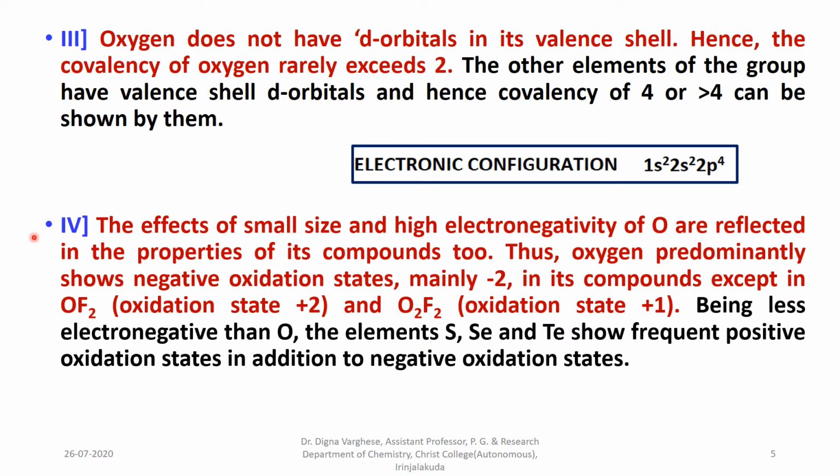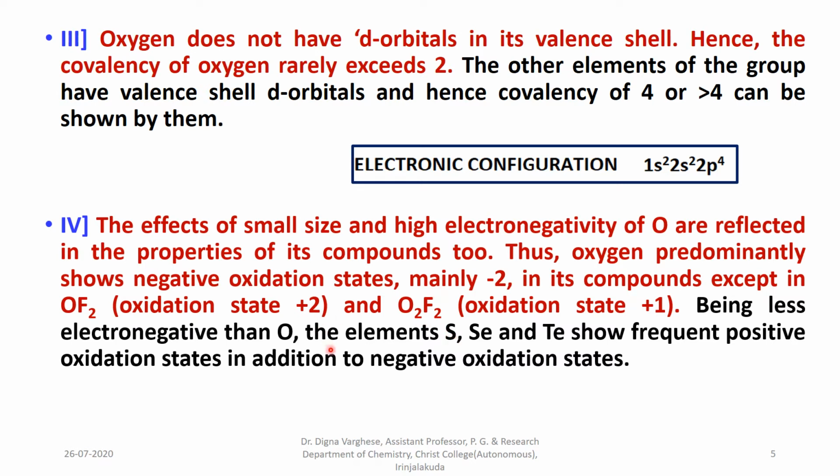Thus, oxygen predominantly shows negative oxidation states, mainly -2, in its compounds, except OF2, which has the oxidation state +2, and in O2F2 the oxidation state of oxygen is +1, because fluorine is the most electronegative element.